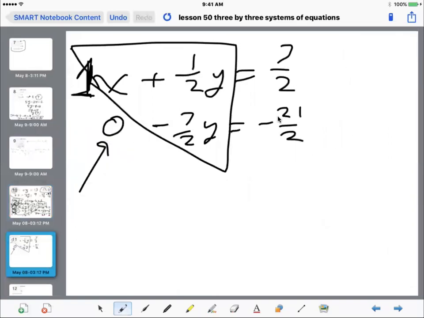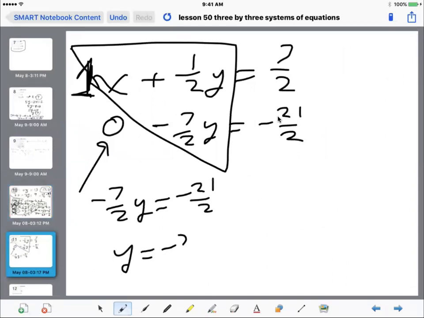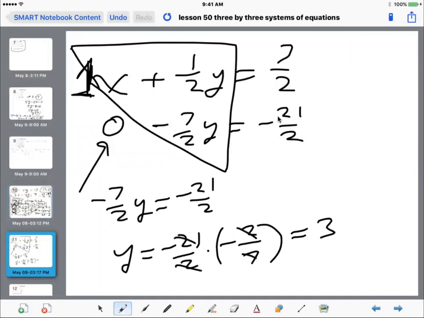Anyway, this is upper triangular, so now I can say -7 over 2 y equals -21 over 2, y equals -21 over 2 times -2 over 7, and it became 3. And then I plug that 3 into the top equation, x plus 3 over 2... Anyone know what went wrong there?